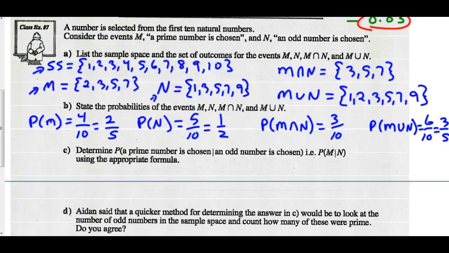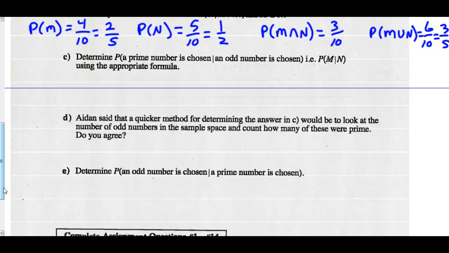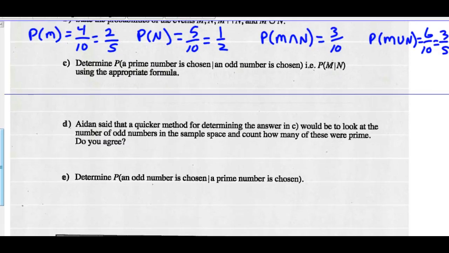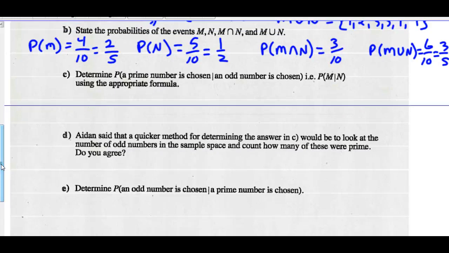All right, so if we look at part C, determine P, a prime number is chosen, given that an odd number is chosen, or probability of M given N has occurred, using the appropriate formulas. So you get back to page 149, you've got this formula.